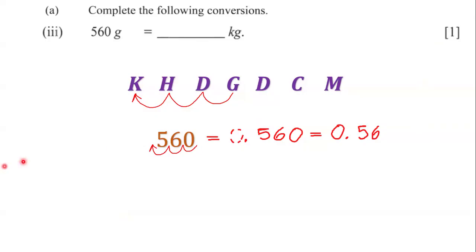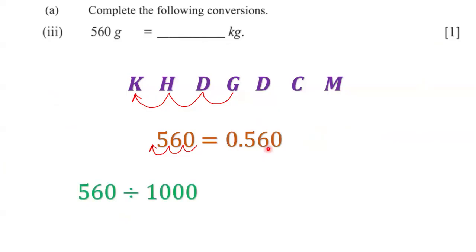Very good. So let me actually go ahead and show it. I still have this thing here, 0.560. I wonder if I simplified. I probably just left it there. So I have 560 divided by 1,000. Remember, we divide by 1,000 because we move it over 3 times to the left. We divide because it's to the left, and we use 1,000 because we move over 3 times.